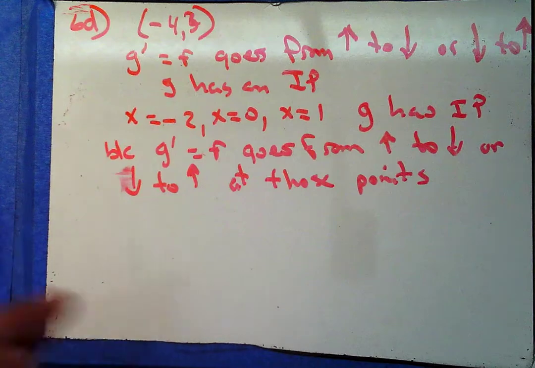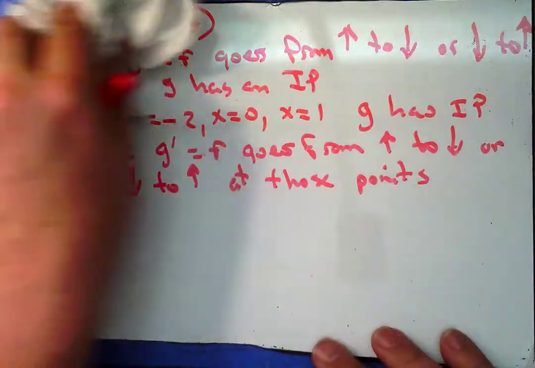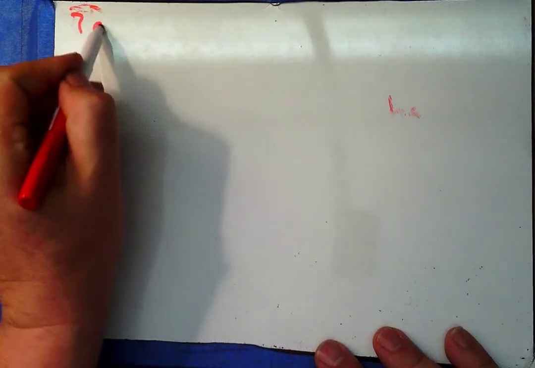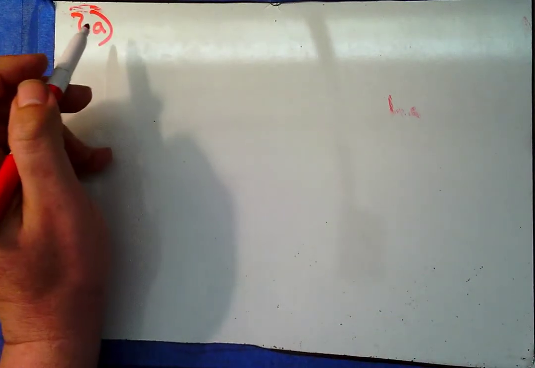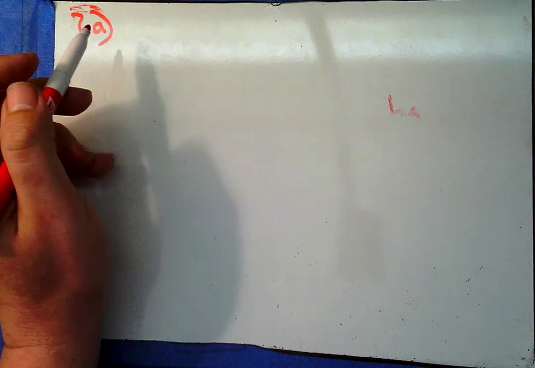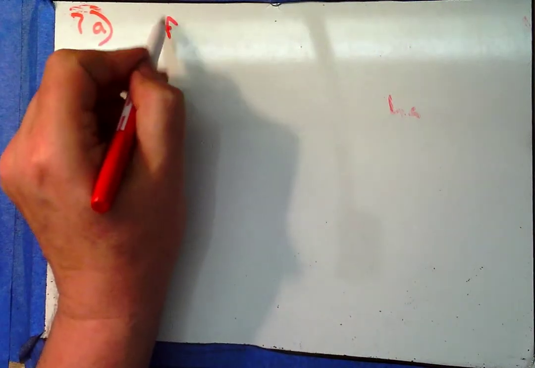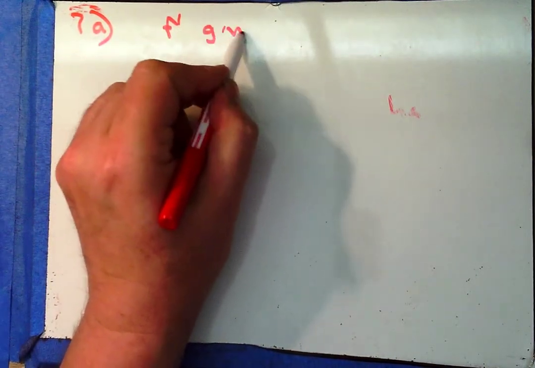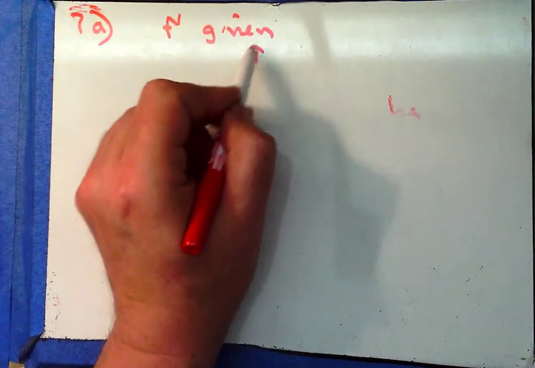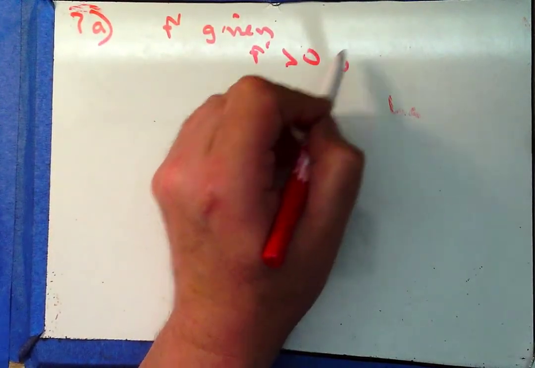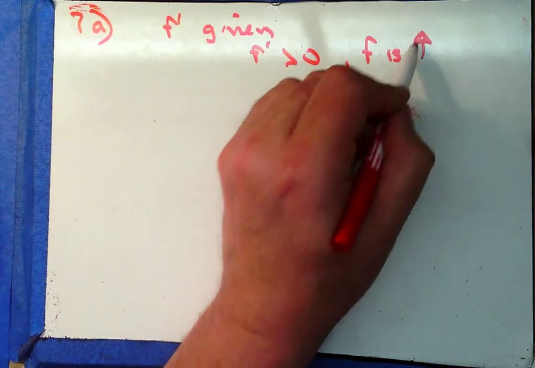Okay, last question. An oldie but a goodie. Number 7, part A. On what intervals, if any, is f increasing? Now, this is a graph of f prime given, and so when f prime is greater than 0, f is increasing.